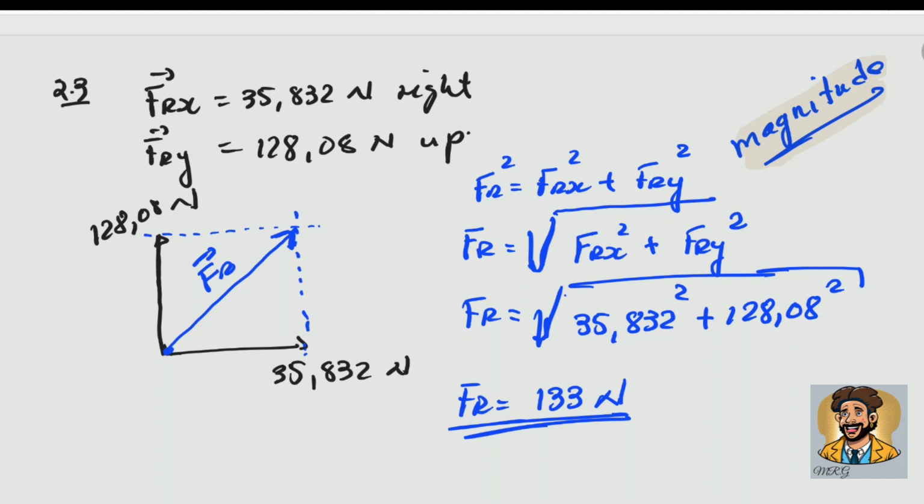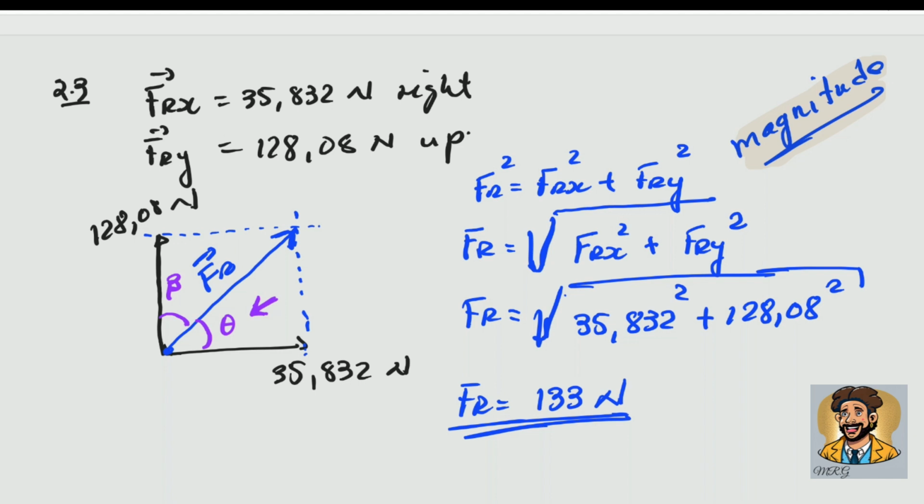Now, to calculate the direction here, we have two options. Option 1, we calculate this angle here. Option 2, we calculate this angle here. It's entirely up to you which one you want to calculate. I am going to calculate this one. That will be from the positive x-axis. You can also say above the horizontal axis, or above the horizontal.